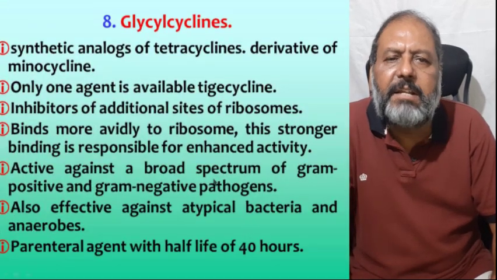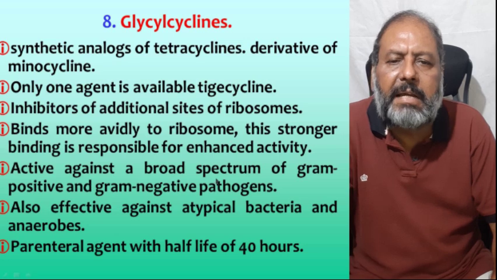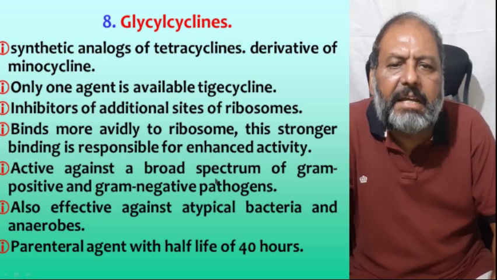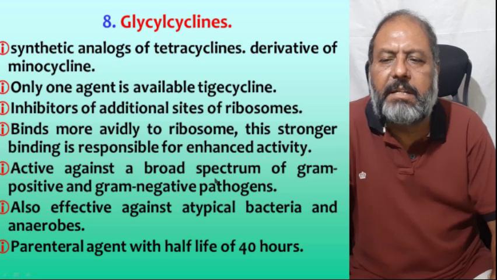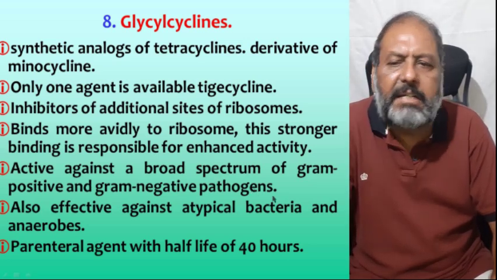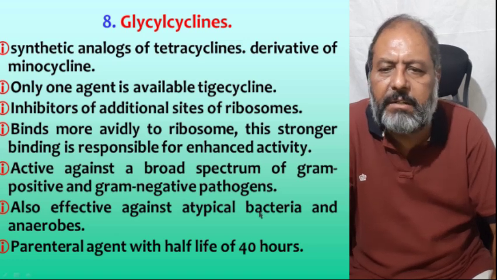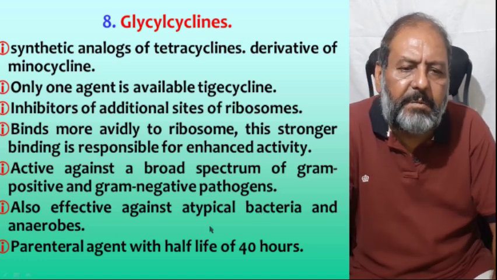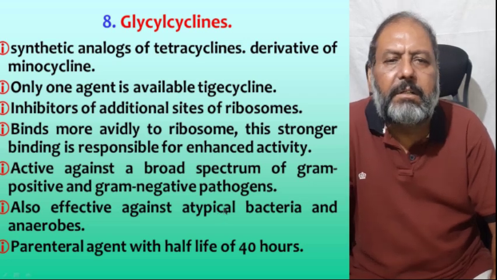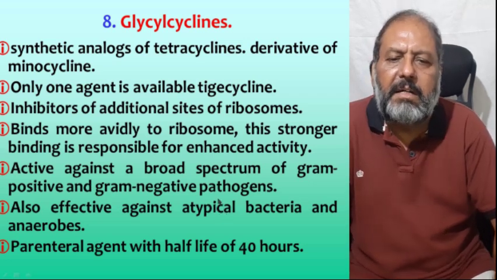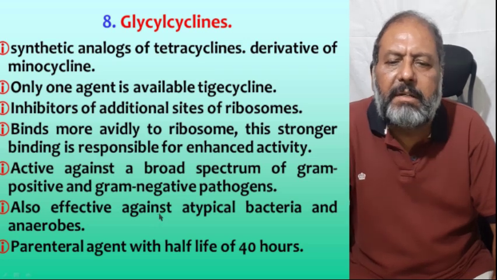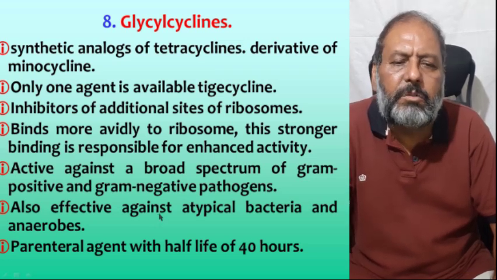Now, the eighth antibiotic is glycylcycline. It is a synthetic analog of tetracycline, a derivative of minocycline. Only one agent is available, by the name of tigecycline. These are inhibitors of additional sites of the ribosomes and bind more avidly to the ribosome.